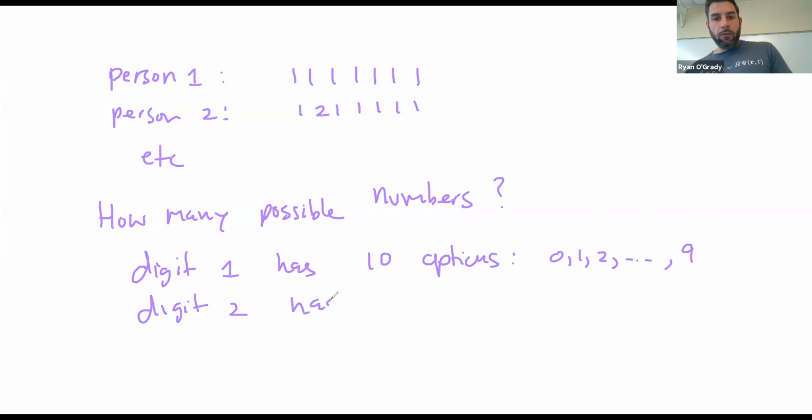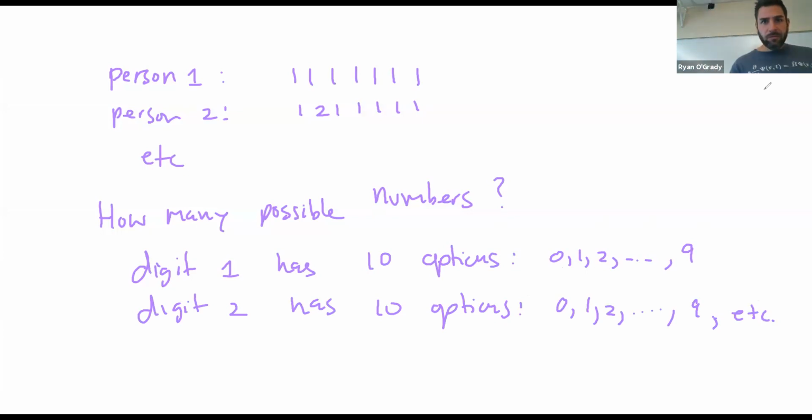Digit 2 has 10 options, 0 through 9, etc. So this goes all the way down to 10, and we had this fundamental counting principle that says the following.